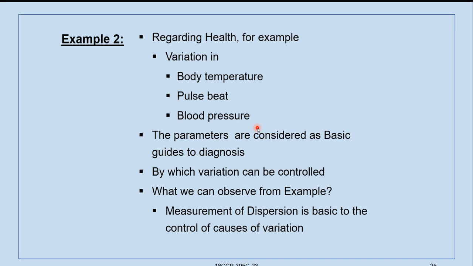And what we can observe from this example is measurement of dispersion is basic to the control of causes of variation. So if you measure them, you will know the cause of the variation and you will try to control them.